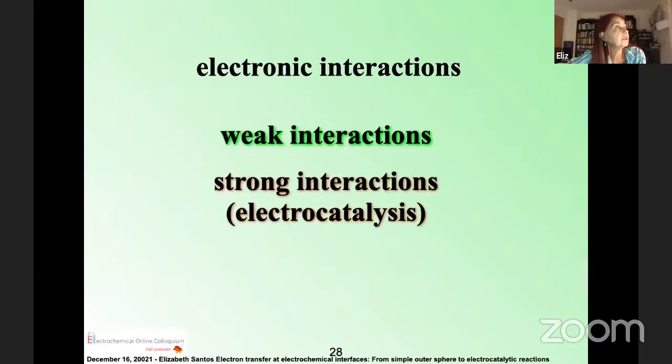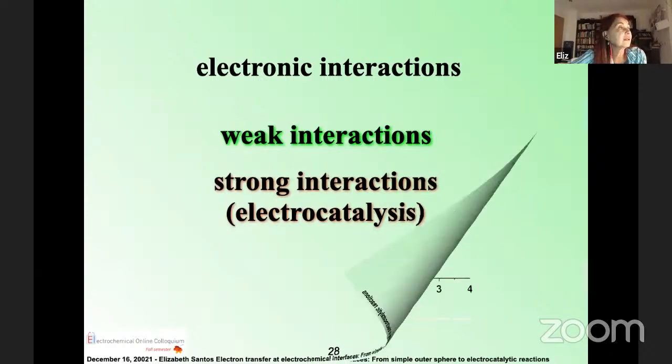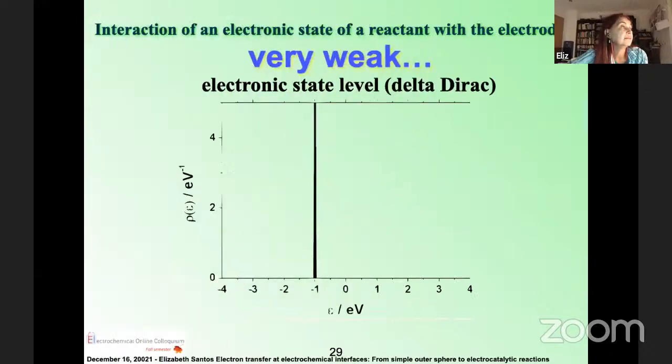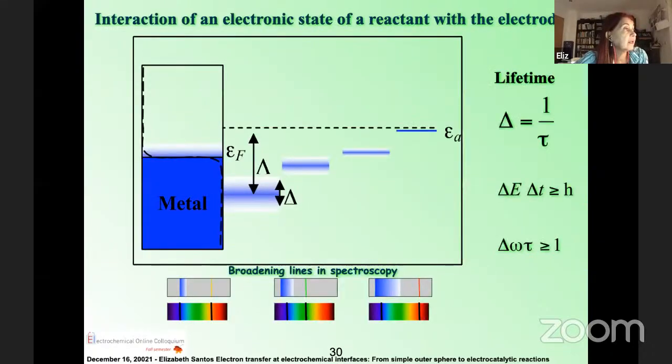Then we come back to the electronic interaction. We have seen we can have weak interaction and strong interaction in the case of electrocatalysis. If we have a very weak interaction, the electronic level corresponding to the reactant is a delta Dirac, with a given energy.